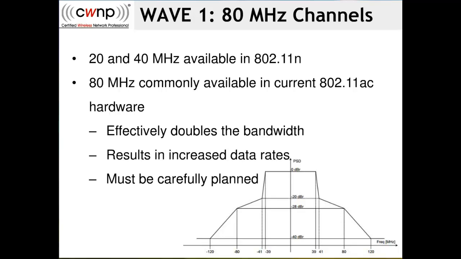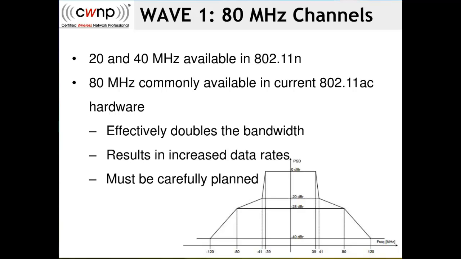But we do need to carefully plan. And that's something that in the next webinar, as I said, we'll talk about 802.11ac planning. We'll get into a lot more detail about those careful steps we have to take in planning our channels and so forth for 802.11ac. But it is an 80 megahertz channel, and that's a significant impact.